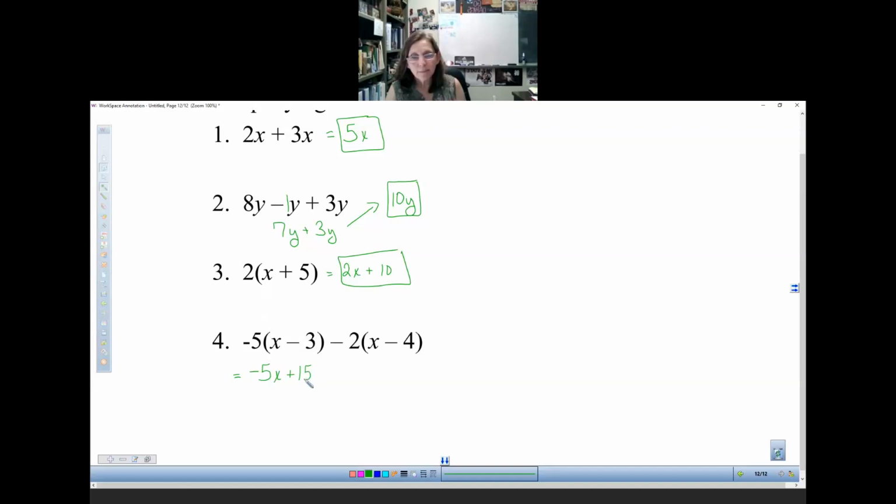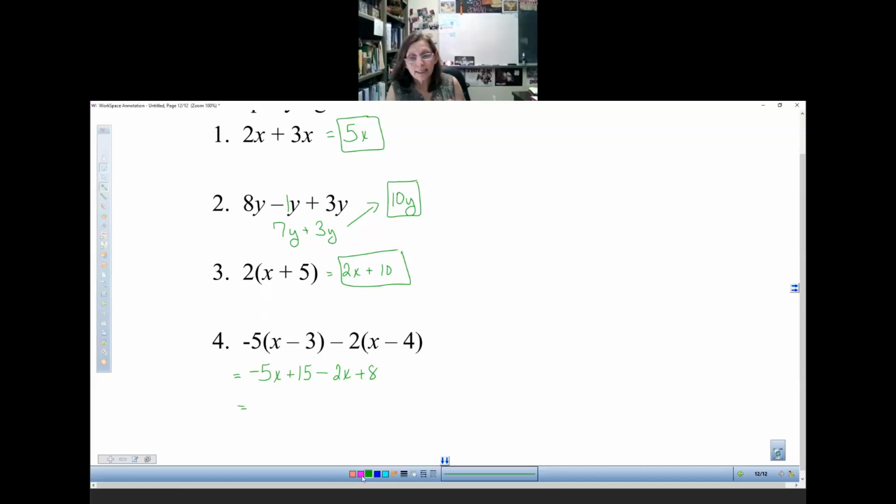You can kind of skip a step in there. I like to do that. My negative and negative gives me a positive. Fewer times I have to write extra numbers in there, the better. Minus, and then this is going to become, so I have a -2x. Don't forget, here's the biggest mistake people make. This negative is attached to this 2. So take it with you when you multiply it by the -4, and this becomes +8.